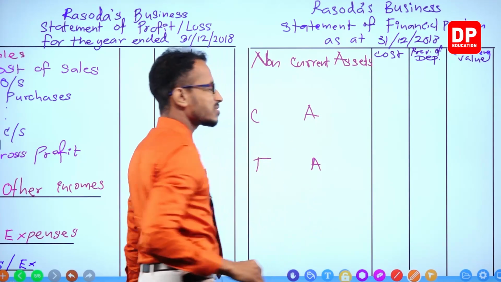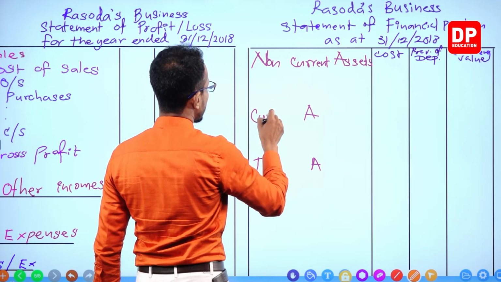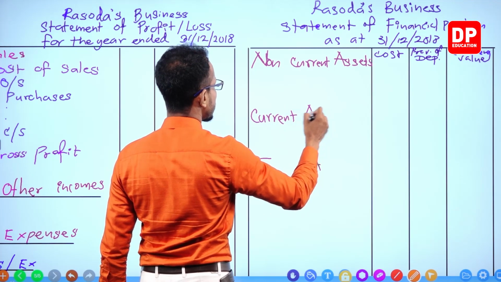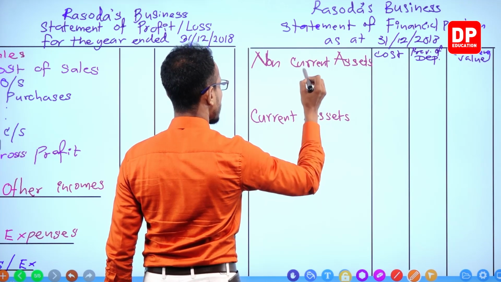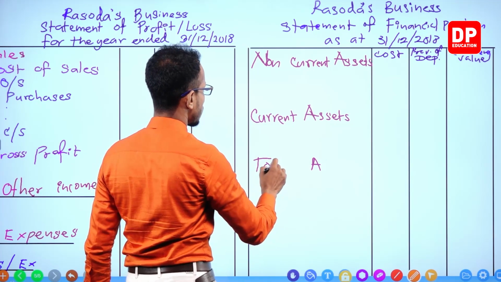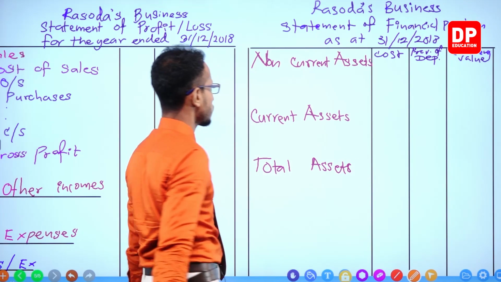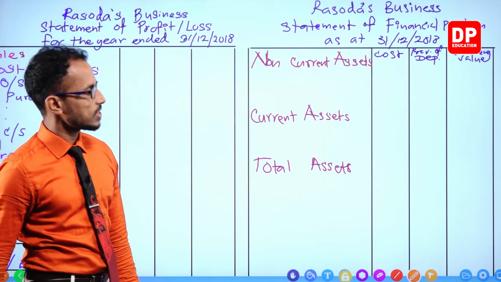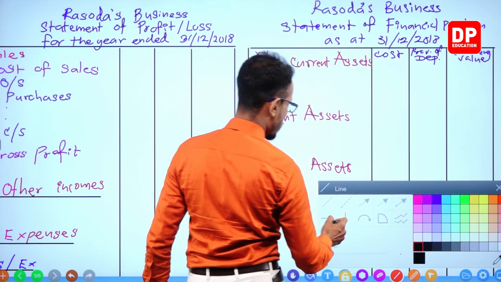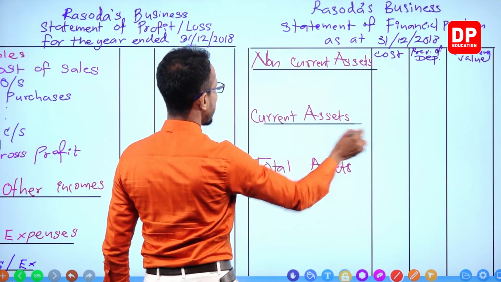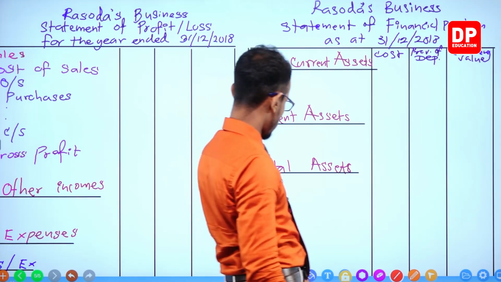Leave at least 3-4 lines for non-current assets. Next heading is current assets. Then you get total assets. All are headers. Got it? Got it.